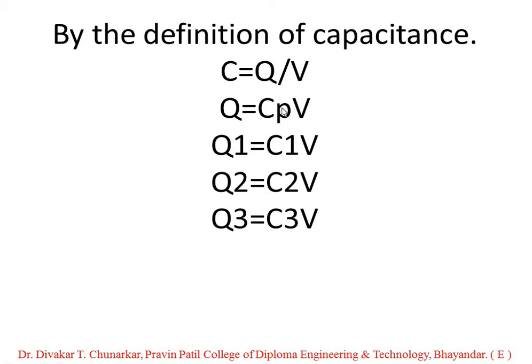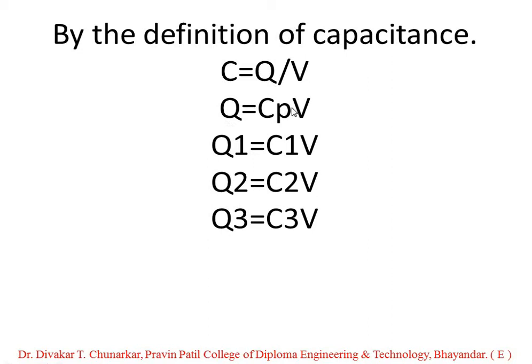Here Cp means the equivalent parallel capacitance, Q is the electric charge, and V is the applied potential. So Q1 equal to C1V, Q2 equal to C2V, and Q3 equal to C3V. Again I repeat, C equal to Q upon V is the definition, the mathematical equation of capacitance.